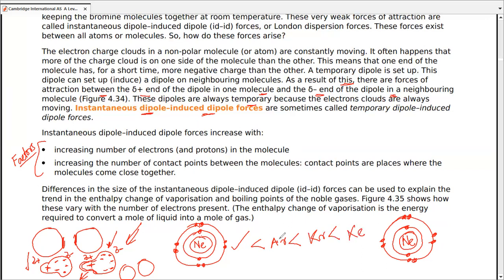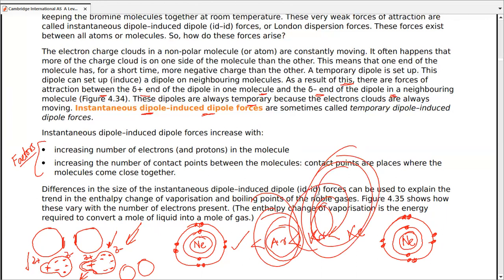I hope you understand, since the size becomes bigger and more shells are introduced, the structure becomes bigger, and there are more attractive or repulsive forces as we go down the group. Make sense? Yes, sir. This usually happens in atoms.